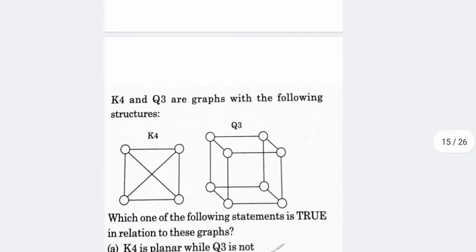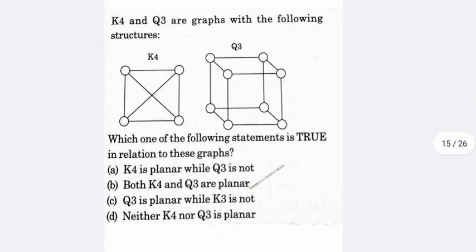Now come to the next question here. K4 and K3 are graphs. Which of the following is true? Here two structures are given, K4 and K3. Which one of the following is true in the relation of these? There are four relations given. Option A, K4 is planar while Q3 is not.